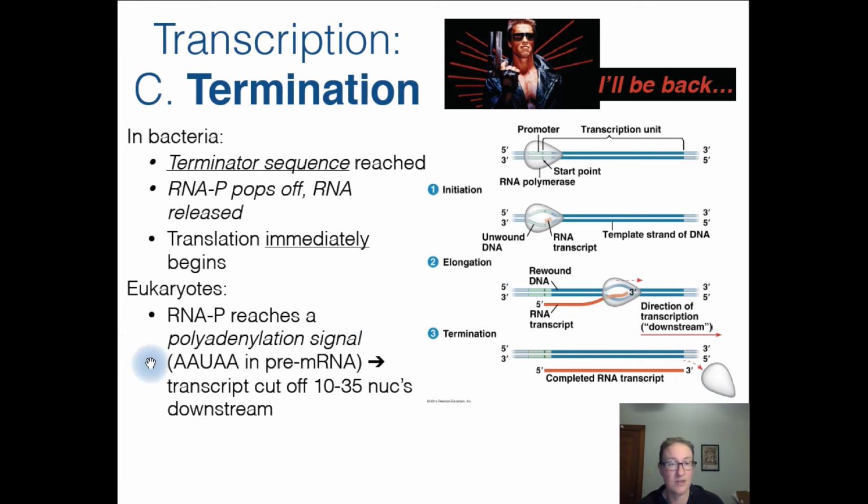So that's the series that is highlighted here, AAUAA, in that template strand. And when the RNA polymerase reaches that signal, it keeps going for a little bit longer, for somewhere between about 10 and 35 more nucleotides, and then it pops off and finishes the transcription process. So it's similar, but not quite as abrupt as in bacteria.